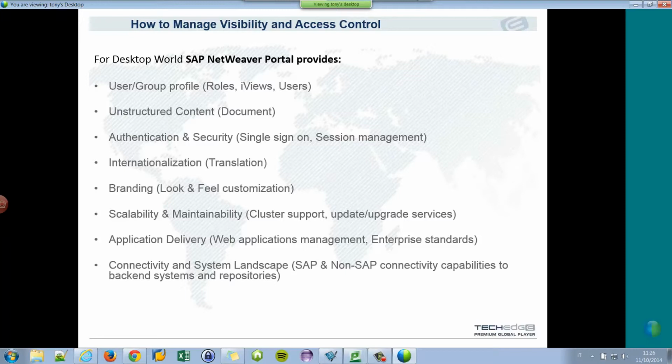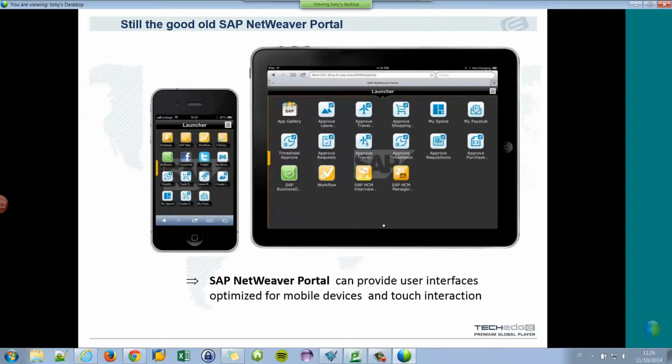For the classic desktop world, we have SAP NetWeaver Portal that provides a centrally managed security profile with portal roles, access to structured and unstructured content, etc. But for the mobile scenario, we still have this SAP NetWeaver Portal.